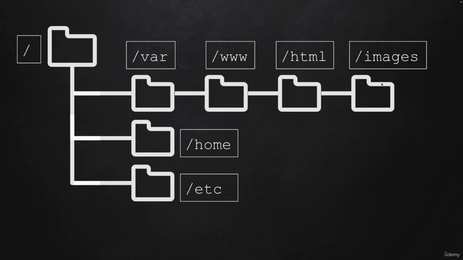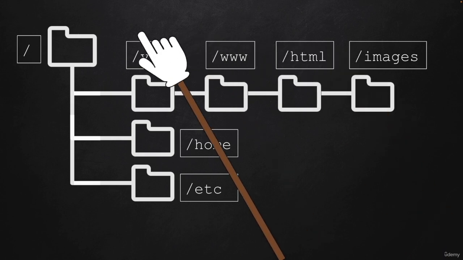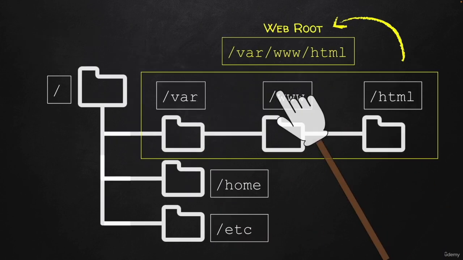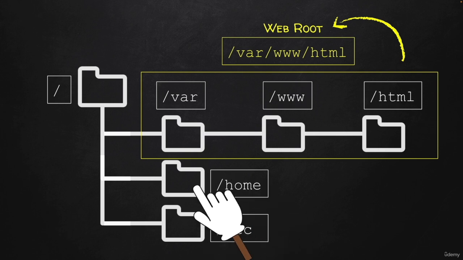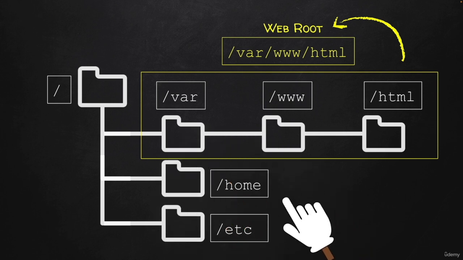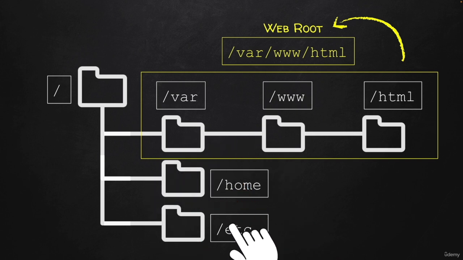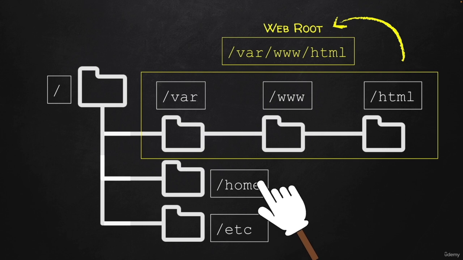The next step is to try to load a file on the target system, but that is outside my web root. So somewhere from home or etc or anywhere else within the server. Now, the best way of doing this is to load a file that exists by default on the target system. So the files in home might vary depending on the username and depending on what the user wants to store in their home directory.